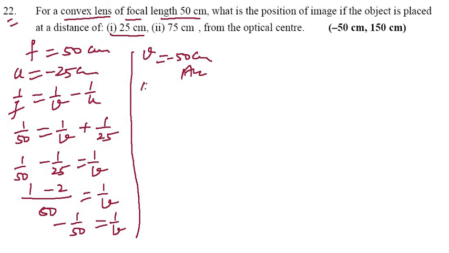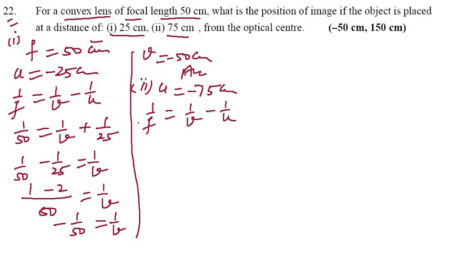Now that was the first part, and for the second part, u is given as 75 centimeters, so u is equal to minus 75 centimeters. F is always this. Now put the value. So 1 upon f is equal to 1 upon v minus 1 upon u. Put the value: f is 1 upon 50, is equal to 1 upon v, and minus minus plus 1 upon 75.